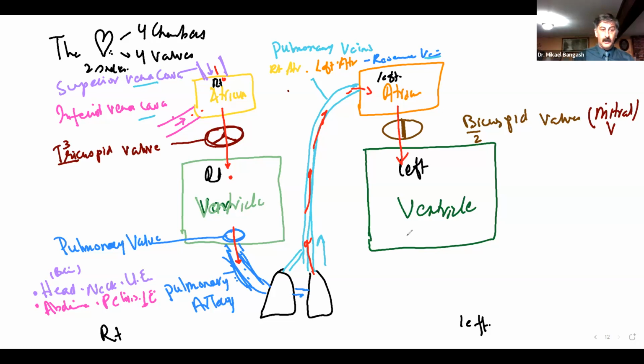That's going to happen when the valve that leads out of the left ventricle opens. That is going to be called the aortic valve.